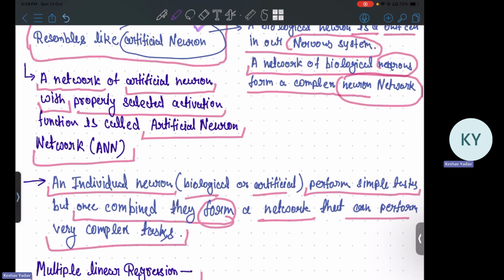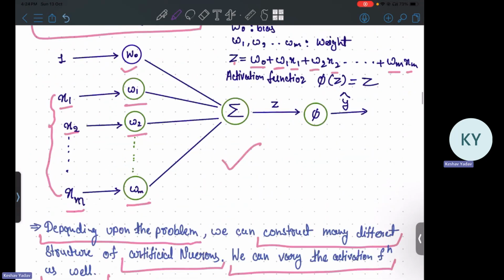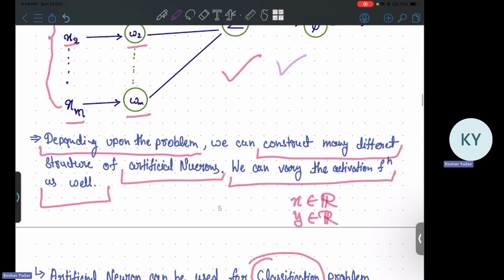Okay, and the combination of repetitive artificial neurons is called artificial neural network. Individual neurons perform simple tasks, but the combination can perform very complex tasks. Then we have represented in geometrical form multiple linear regression.